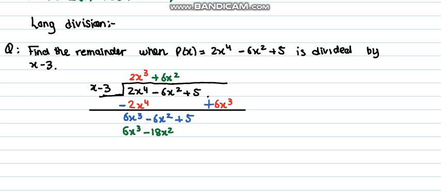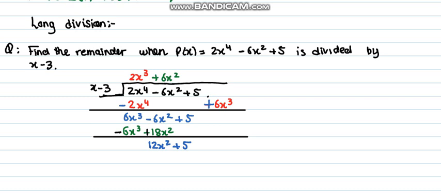Step is to change signs. So this would become minus and this negative would become plus. So this would become 12x squared plus 5. So our next step is to multiply x with such a number that becomes 12x squared.